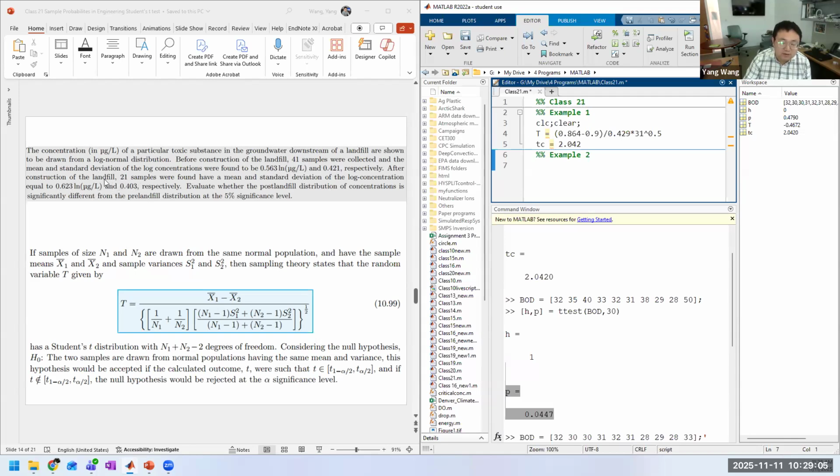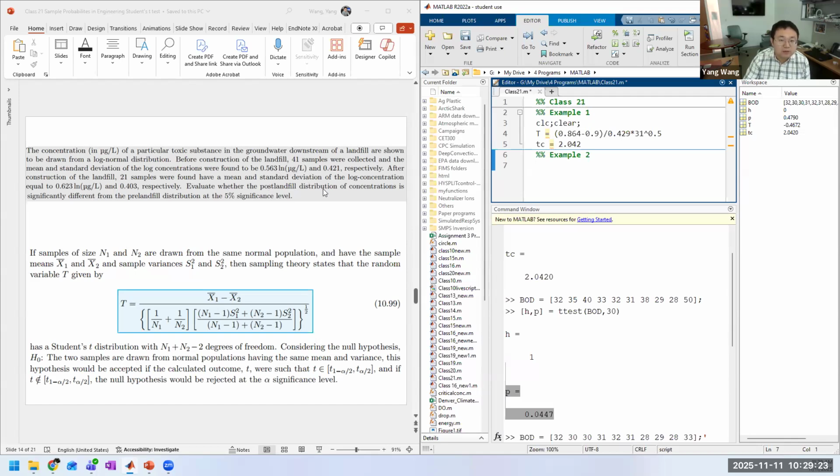So the residents are complaining, saying, hey, it could be that we built this landfill and then the toxic material leached into the groundwater. Can you confirm whether these two data sets are statistically different or statistically similar?